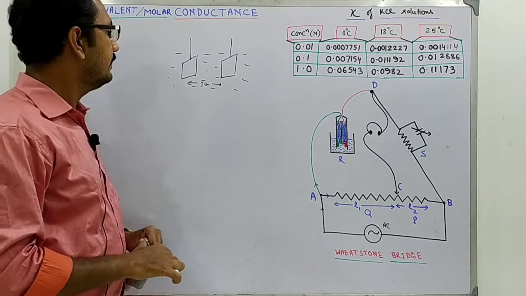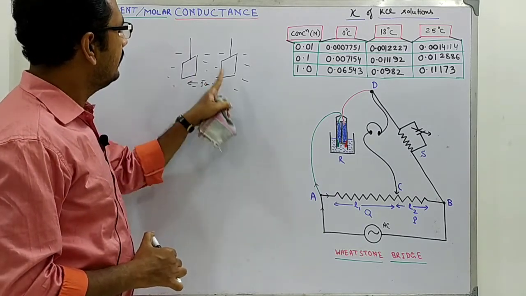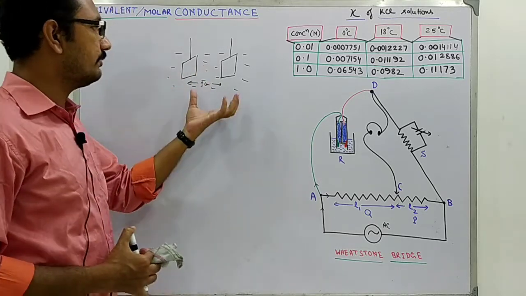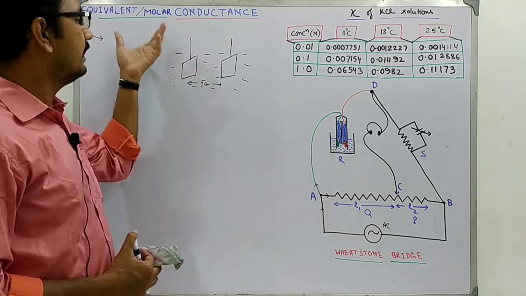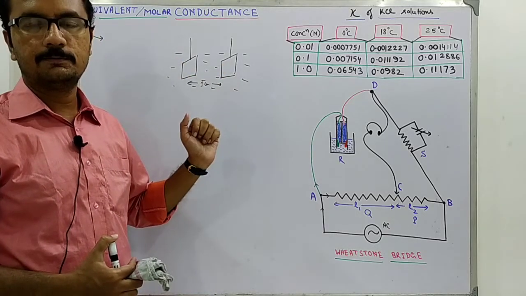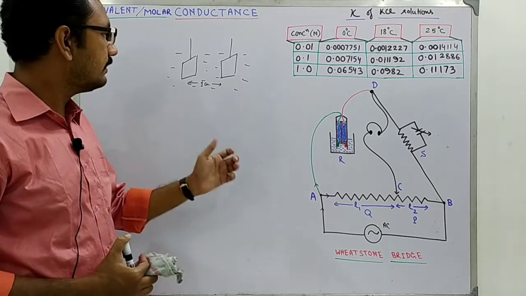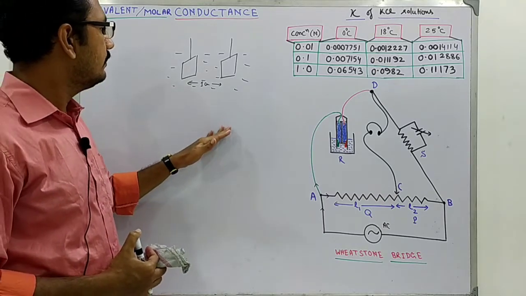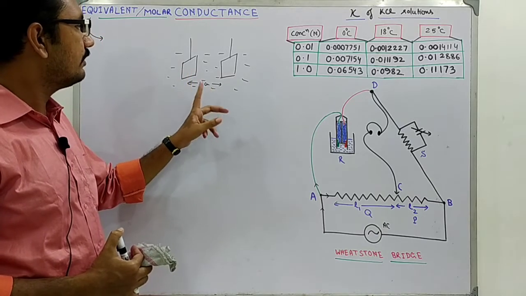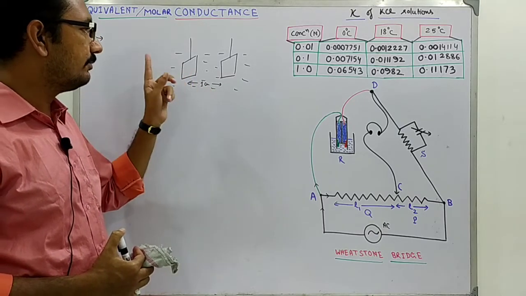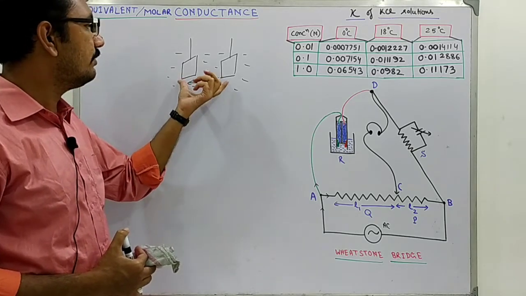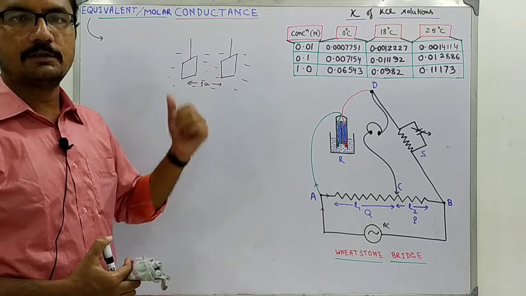In that case, the conductance exhibited by this enclosed solution will be the equivalent conductance for that electrolyte. So, equivalent conductance is the conductance of an electrolytic solution containing 1 gram equivalent of dissolved electrolyte such that the entire solution is placed between the two electrodes 1 centimeter apart.